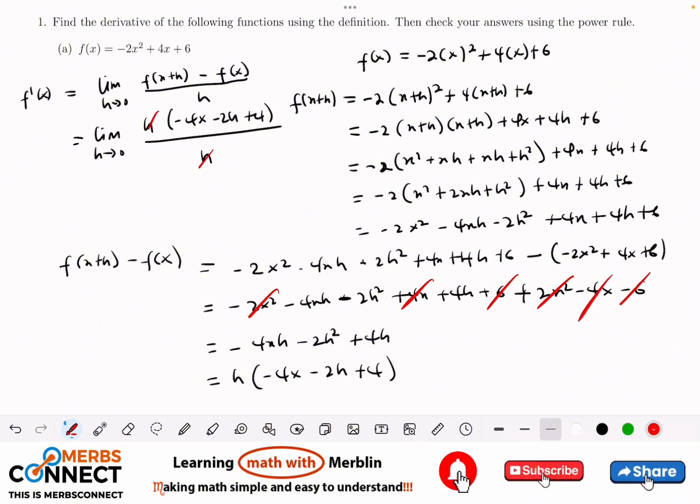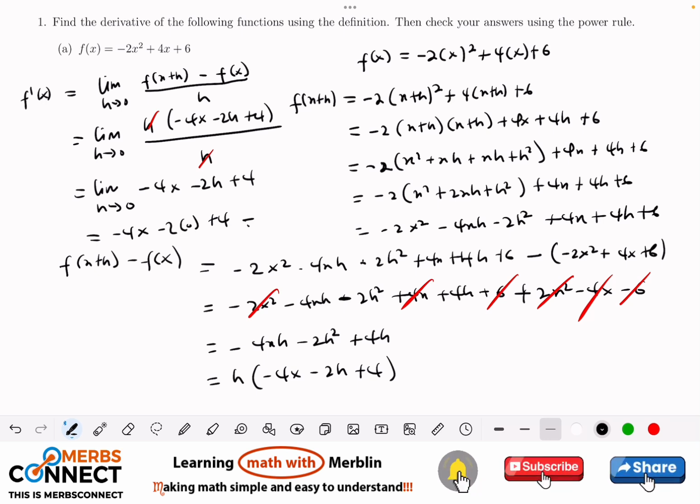And I'm going to have the limit as h approaches 0 of minus 4x minus 2h plus 4. Then now I can plug in the 0. So I'm going to have minus 4x minus 2 times 0 plus 4. And we are going to have minus 4x plus 4. So this is what I'm going to get at the end of the day.